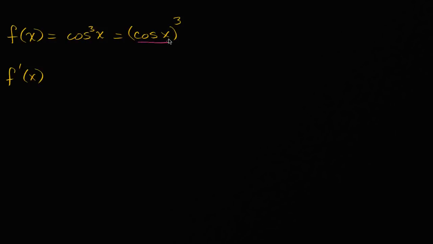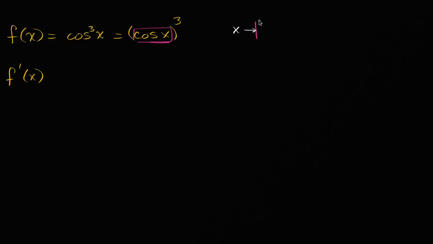So you could view it this way, we're taking the function cosine of x, and then we're inputting it into another function that takes it to the third power. So let me put it this way. If we take an x, we put it into one function, that first function is cosine of x.